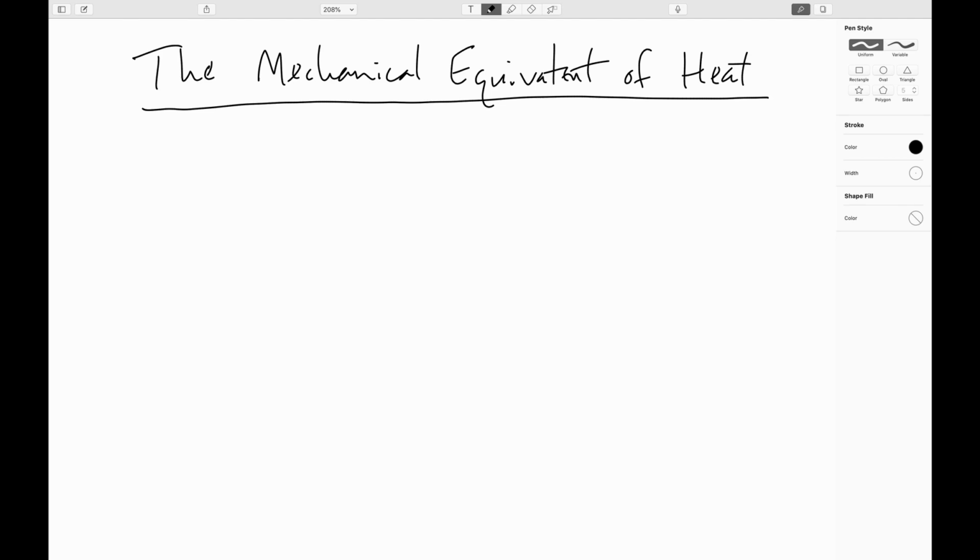In the last few videos, we've been taking a look at energy, and specifically been looking at energy transfers with macroscopic objects.